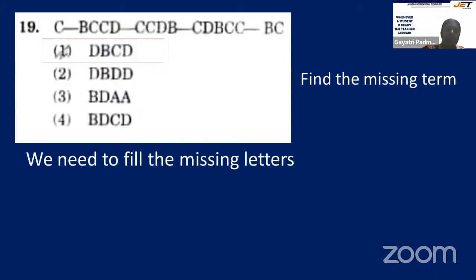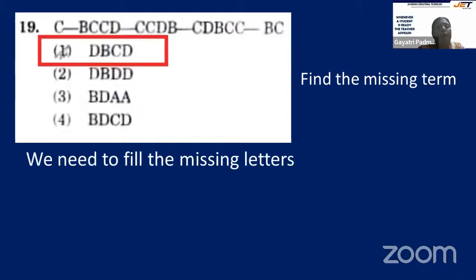So after C, it should be D. And after D, C, here we are stopping with D. So before C, it is B. And we have B dash C, so before C, it should be C. Next we have C, D, B, C, C dash BC. After C, we have D, that is, before B, we have D. So your option 1 must be the correct one.